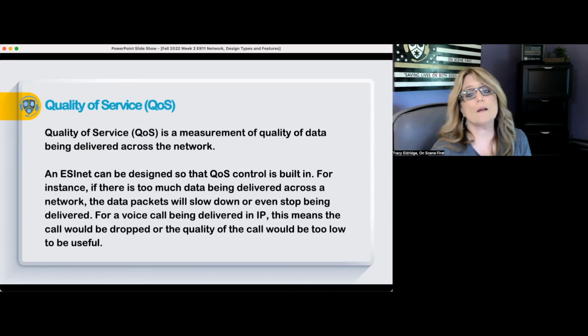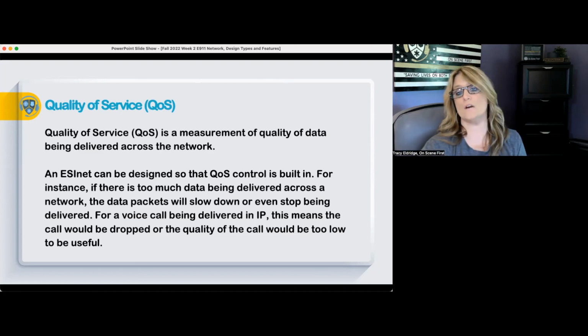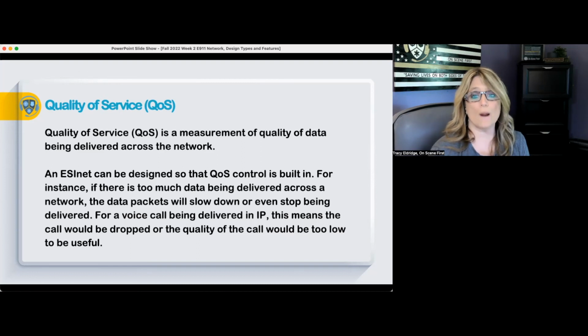There's a lot of companies that have QoS in place in their systems, but they check for different things. So we're going to talk more about an ESInet, which is kind of like a data superhighway. But an ESInet can be designated so that the QoS control is built into that system. So whatever means that data is going from one place to another, you can have a QoS control built right into that network.